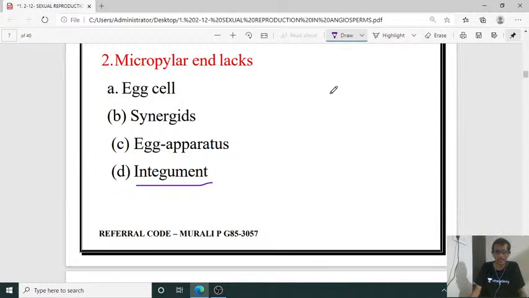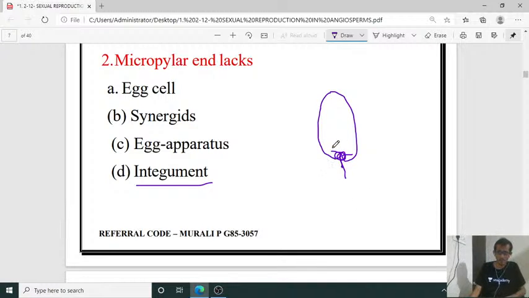So micropylar end is the opening which is present in the ovule, isn't it? Micropyle is the opening present in the ovule where integument is absent, because this area is free for the entry of the pollen tube. Integument is the wall material of the ovule.